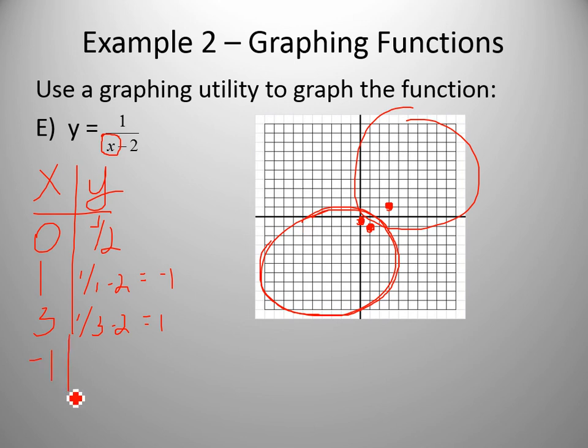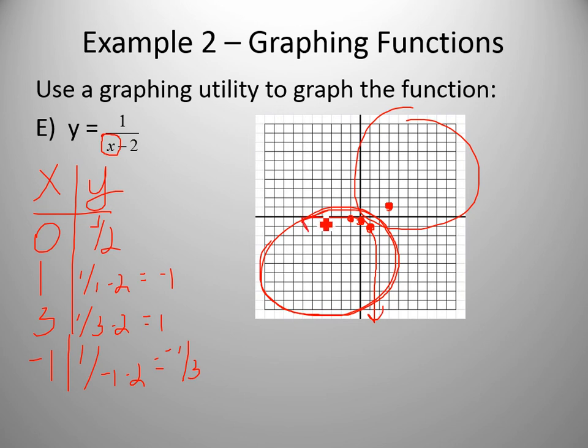And when I do that, I get 1 over negative 1 minus 2, which is negative 1/3, which is going to be right about there. So for this bottom piece here, I'm going to get a curve that maybe looks something like that.